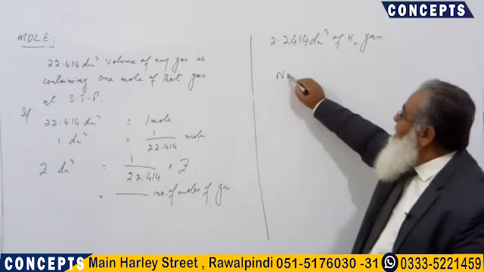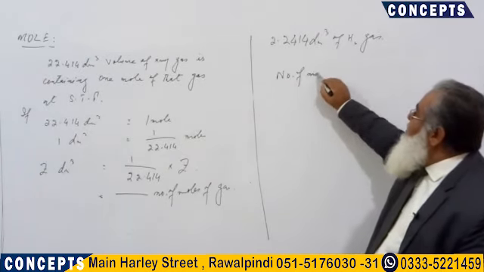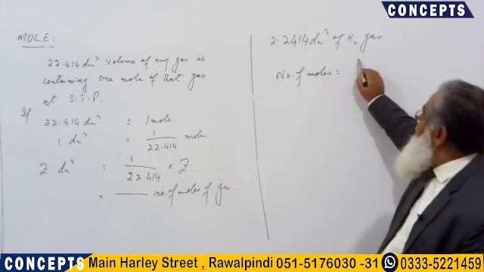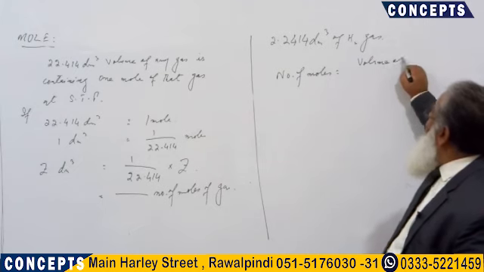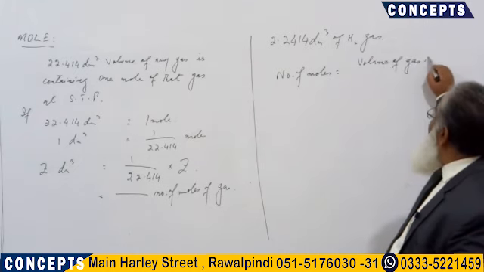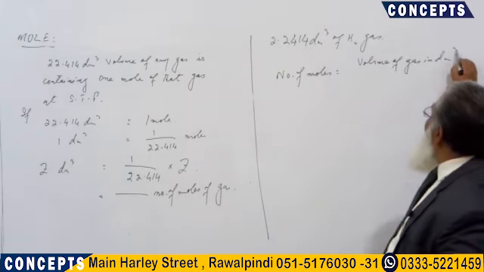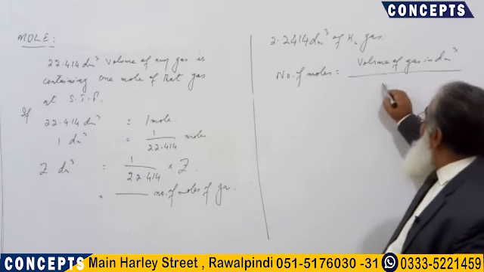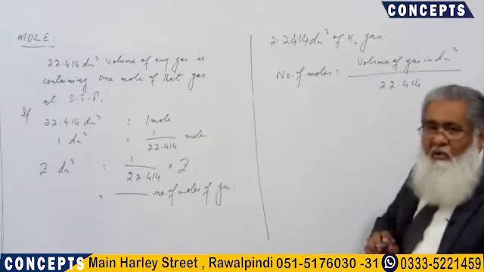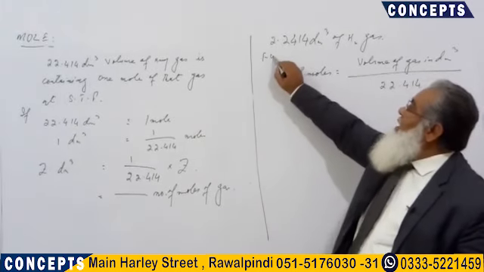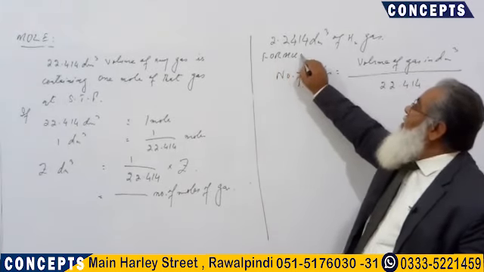Now we have to apply the formula: number of moles is equal to volume of gas in cubic decimeter divided by molar volume, 22.414. This is our formula.